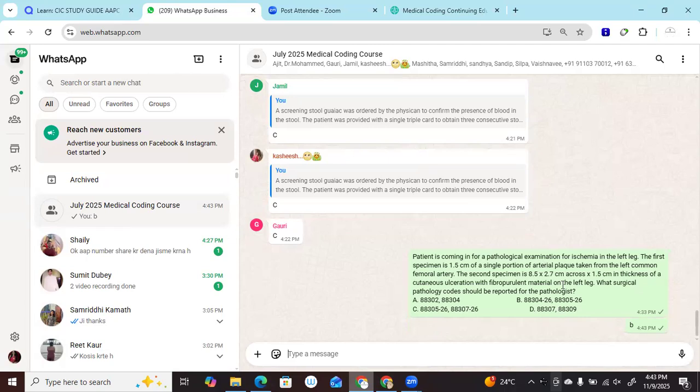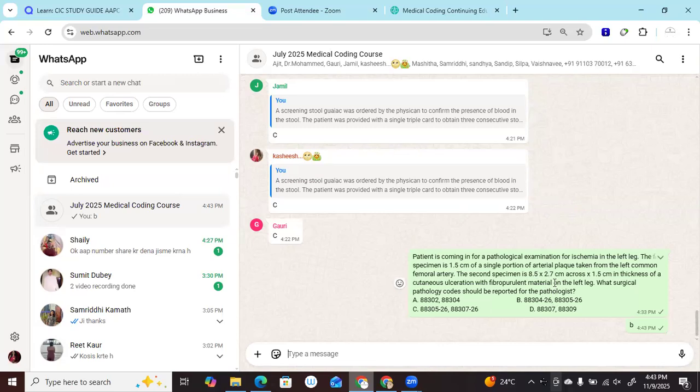Any doubt here? Any questions? Ma'am, before, you ruled out the 26 modifier. Yes, because I thought it should be based on the physician only. So now we have the documentation that we have to bill for the pathologist.